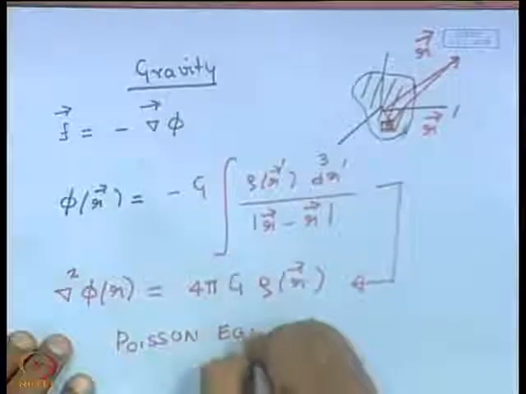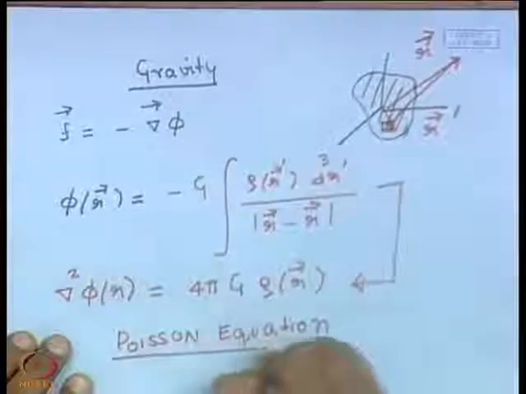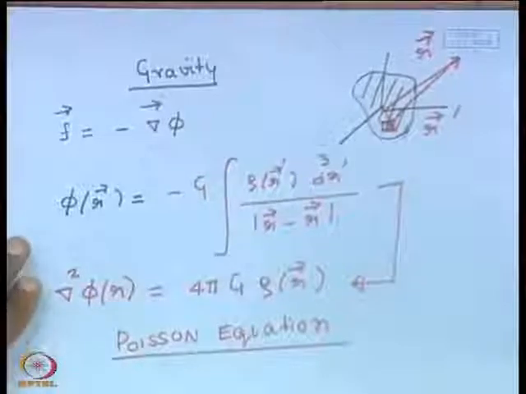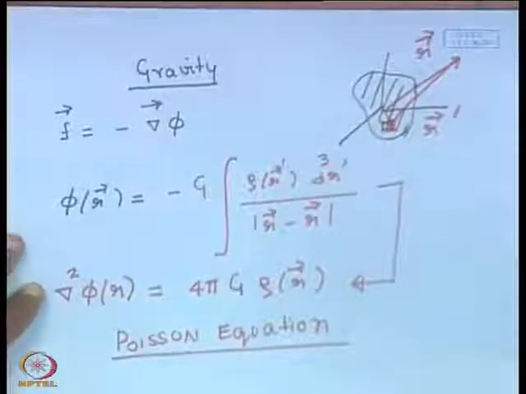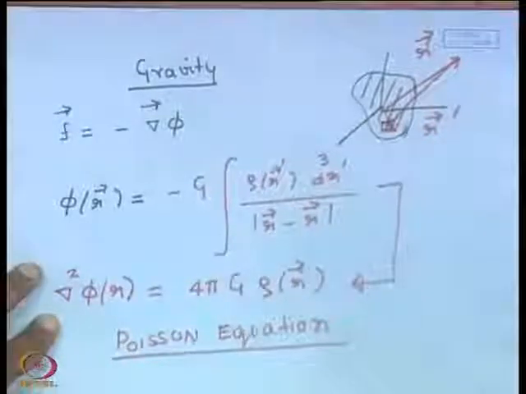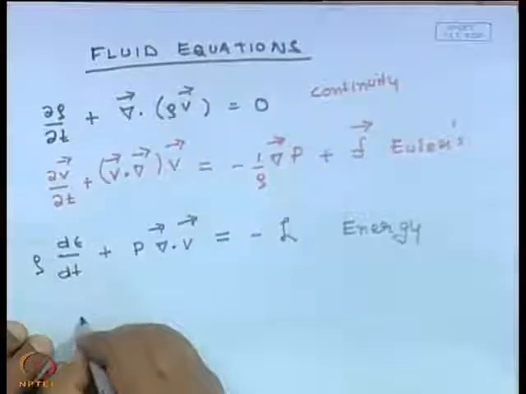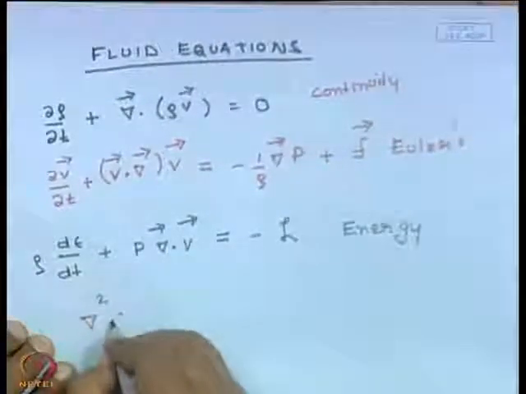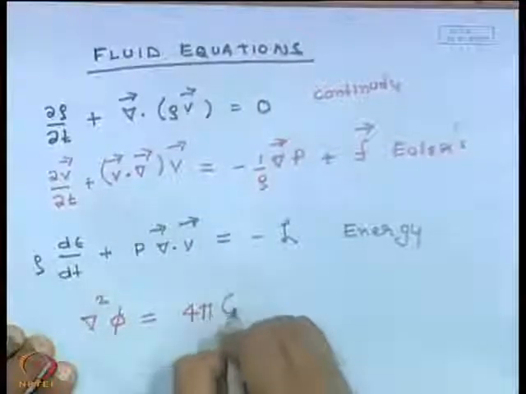No, there will be a positive sign. Del square phi is 4 pi G into rho. Okay. So, for a self gravitating fluid, in addition to the three fluid equations that we had, we also have the Poisson equation, which is del square phi is equal to 4 pi G rho.